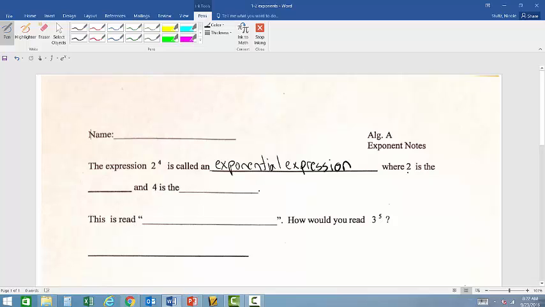The bottom number or the big number is what we call the base. The reason it's called the base is we think of base as bottom of something. So that is your base, it's on the bottom. And 4, as we know, is the exponent or power. Sometimes we say exponent and sometimes we say power, but they mean the same thing.